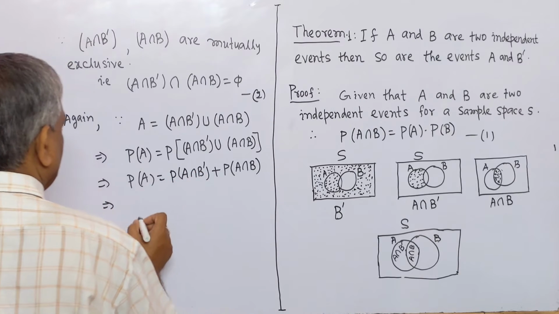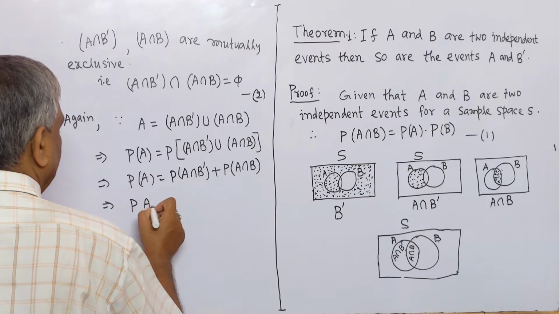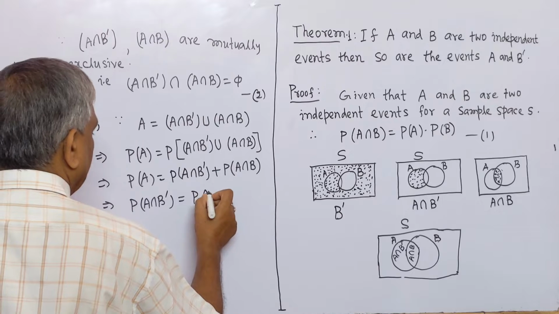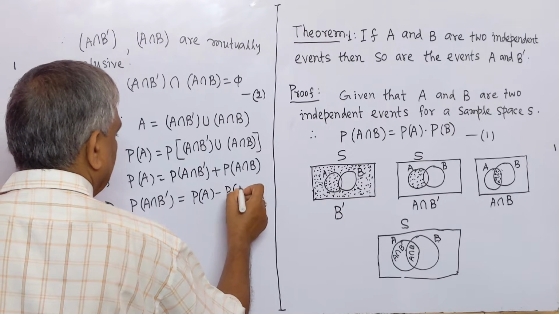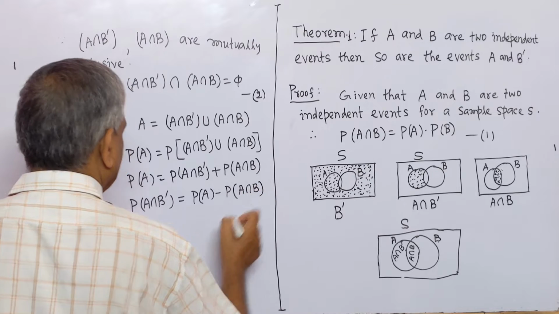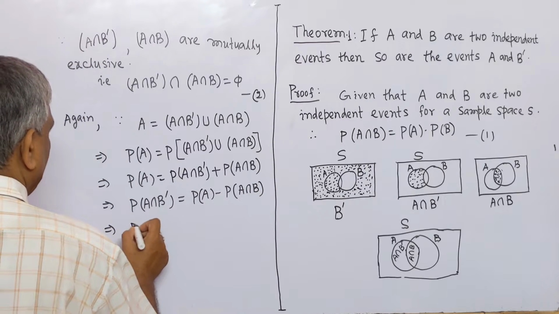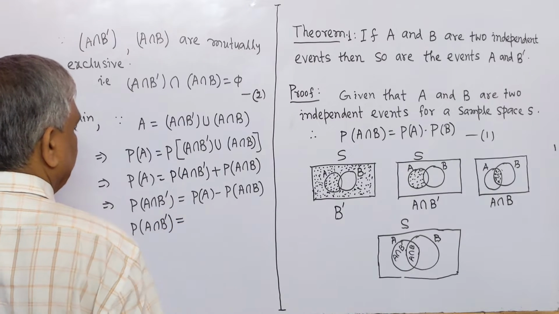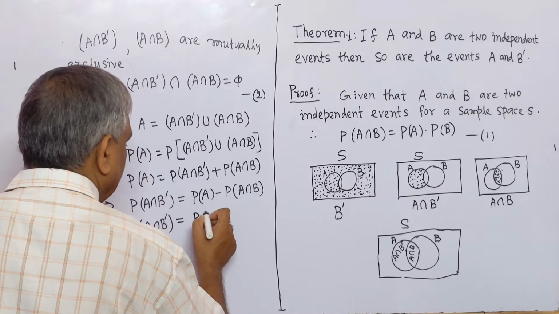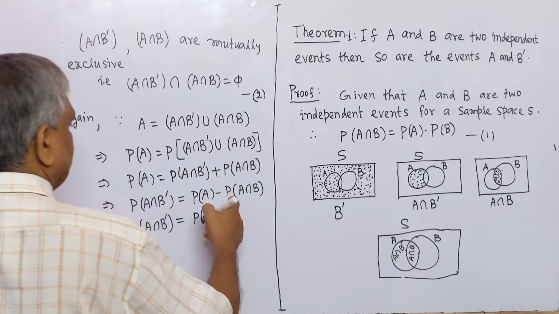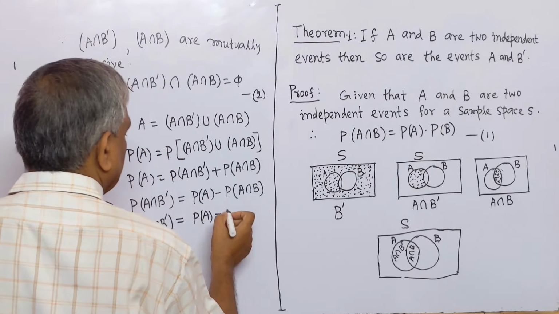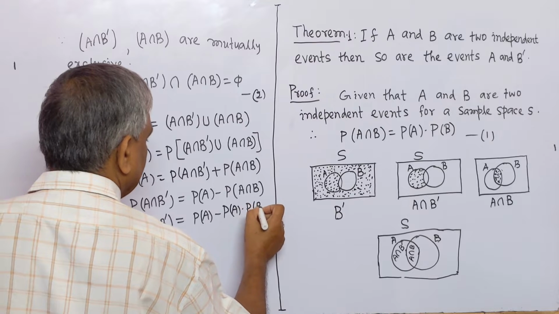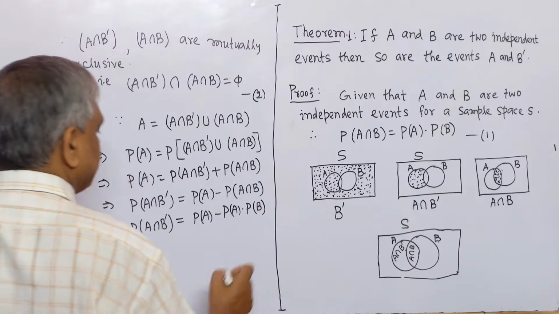This implies that P(A intersect complement of B) equals P(A) minus P(A intersect B). So probability of A intersect complement of B equals P(A) minus, using 1, probability of A multiplied by probability of B, since A and B are independent events.